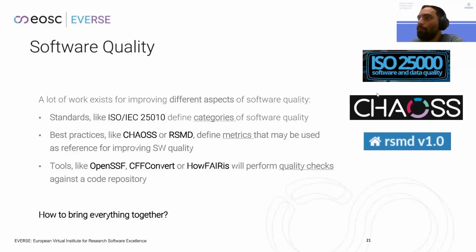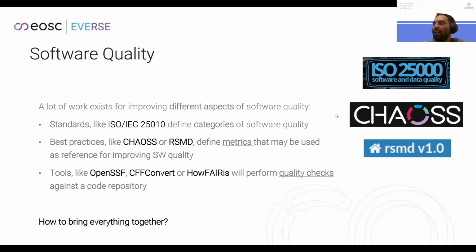Thank you. So the thing about software quality is that a lot of work has already been done, right? And if you look a little bit over the web, you'll see that there are already quality standards like the ISO IEC 25010, which defines the different categories for software quality, such as documentation, maintainability, and so on.